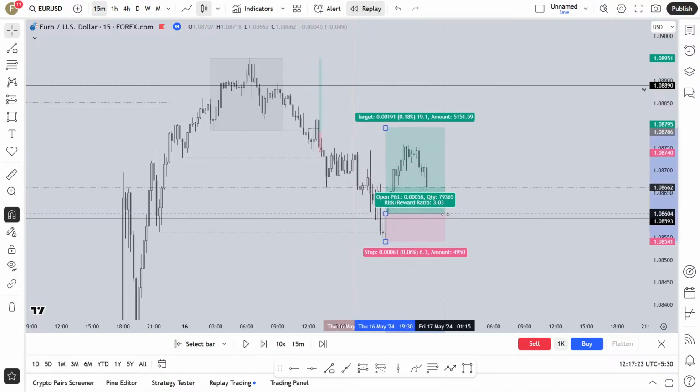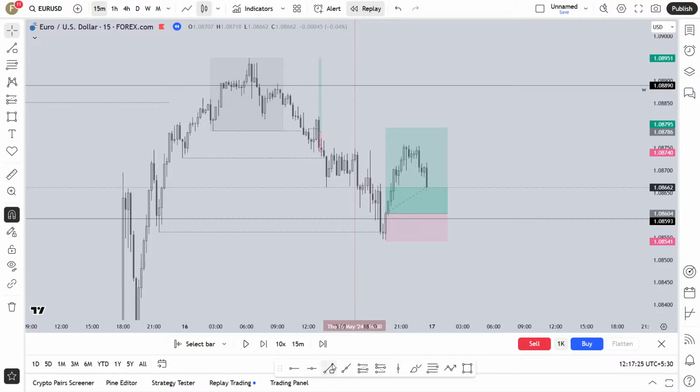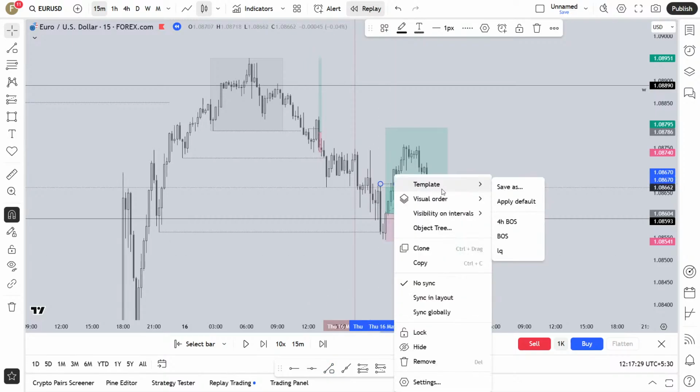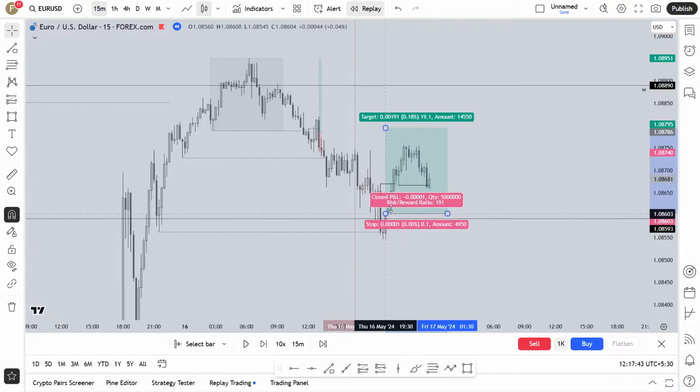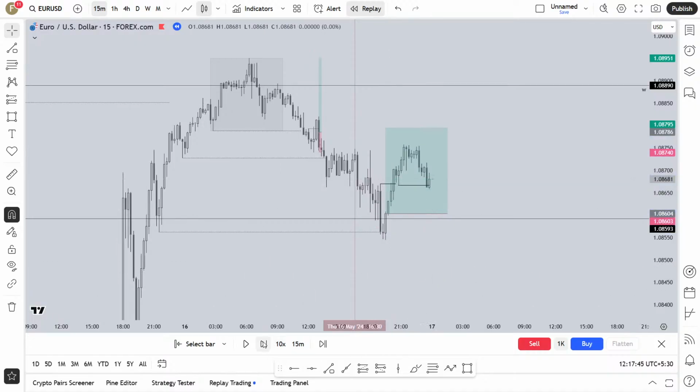Holy shit. So this breakout, maybe retesting that one, and then on liquidity sweep. So we can go risk free now and let the rest run.